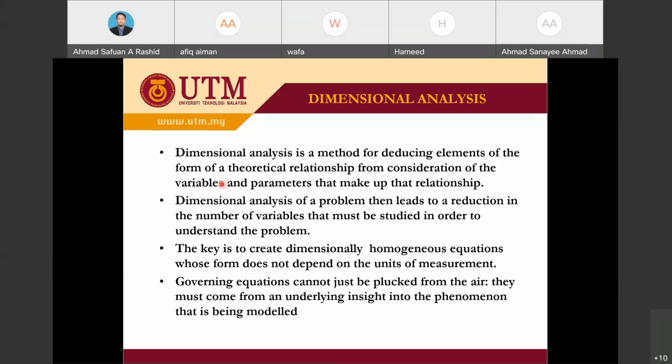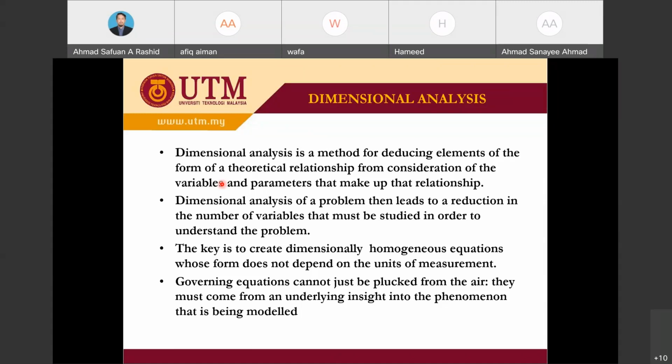So for example, due to time constraints, we could not investigate or cover all the parameters or variables that may affect the output of the study. So in that case, we can reduce the number of variables in our study, and just focus on the important or most influential factors.